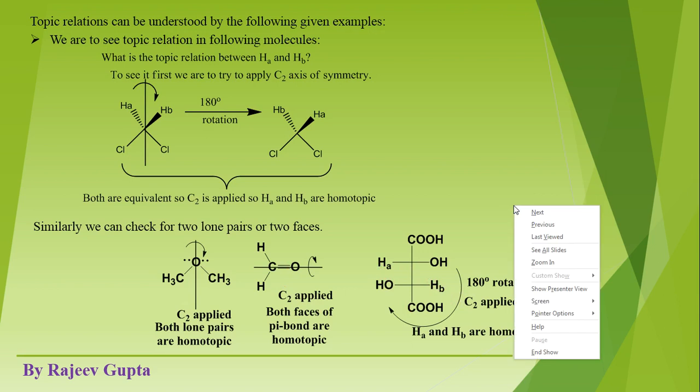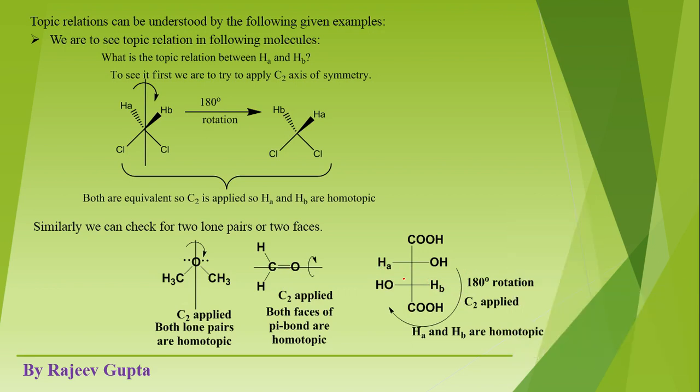Again here we can check the same thing. This is the axis where we apply C2 symmetry, a 180-degree rotation in the plane of the paper, or the plane of the screen.